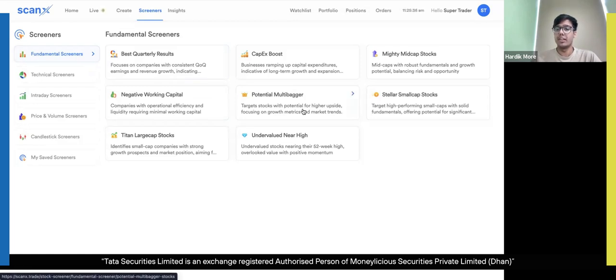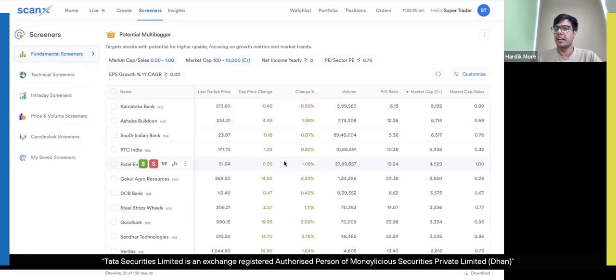Or someone who's waiting for a very long term and trying to find a multi-bagger, a potential multi-bagger stock is something they want to search for. So yeah, couple of these templatized screeners are there which you can build on top of, ताकि any new investor or any new participant in market gets some list of stocks जहाँ से वो अपनी investing journey start कर सके.